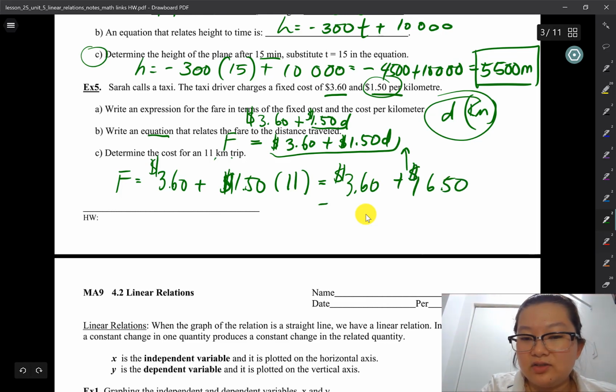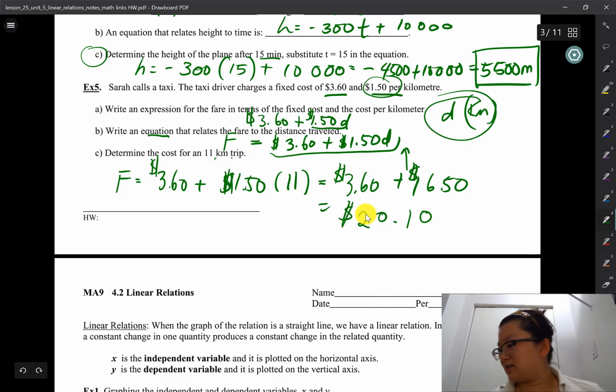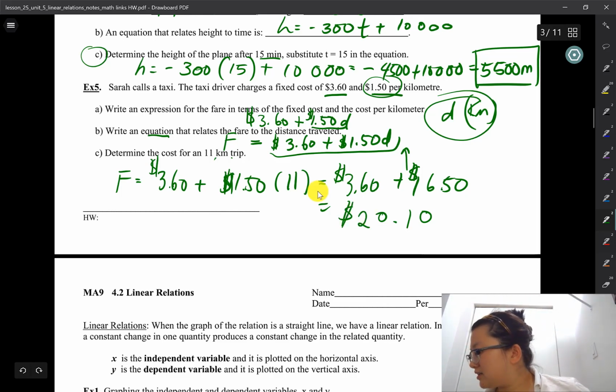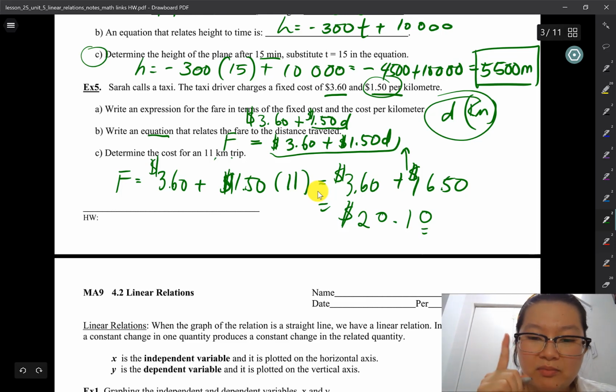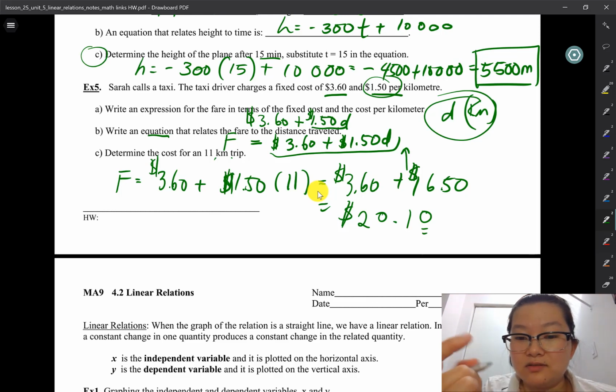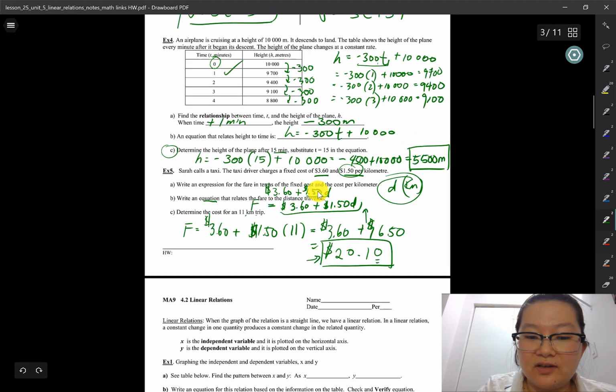Then I add them: 0, 1, and that one comes over, becomes a 0, to $20.10. And don't forget, please put in the 0 here because that's proper money notation, even though it's a 0. Don't forget your dollar sign for the units, and this is our final answer after finding out our equation.